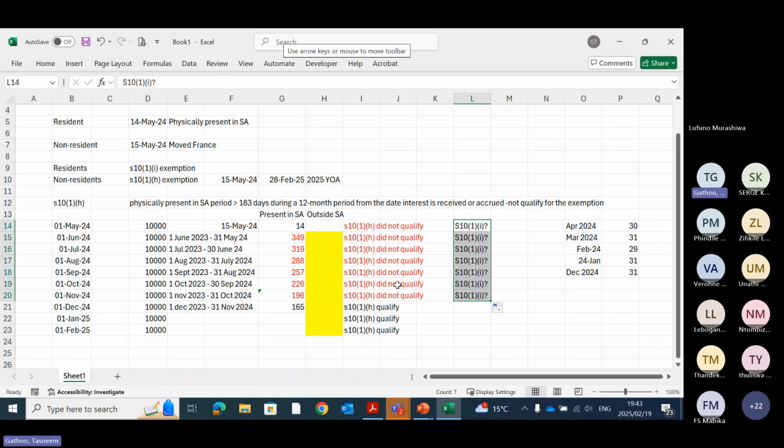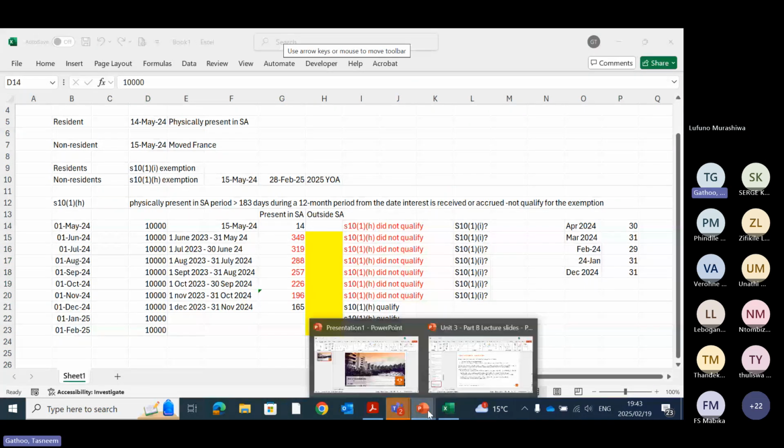So remember, just to reiterate, for December, January, and February, the interest amounts of this 30,000 will qualify for the Section 101H exemption. But in the months prior to that, where it did not qualify for the exemption, we then look to Section 101I.